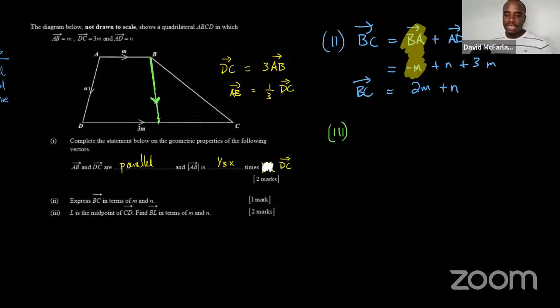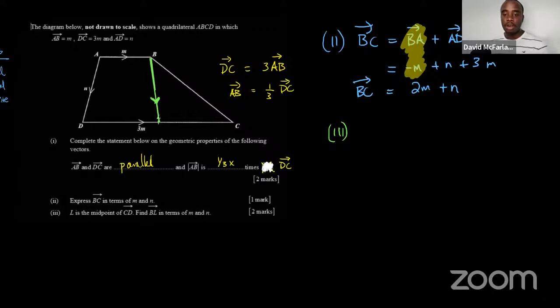Tell me where in it you feel a little lost. In the meanwhile, guys, tell me how we could travel from B to L. Which vectors could we travel along? Where could we go?